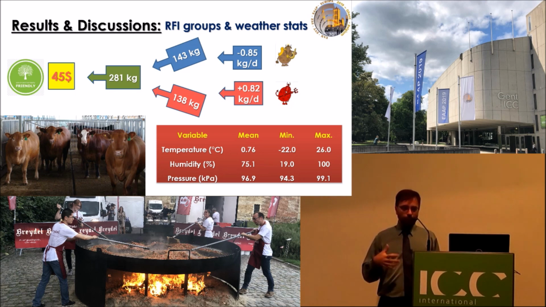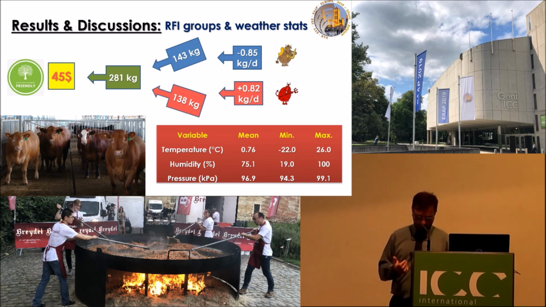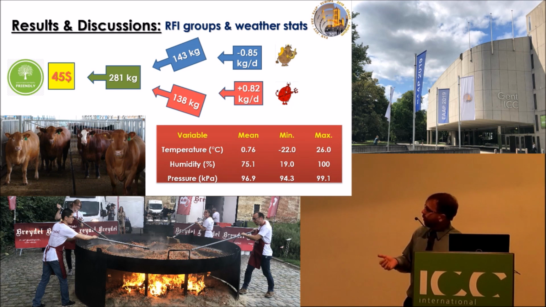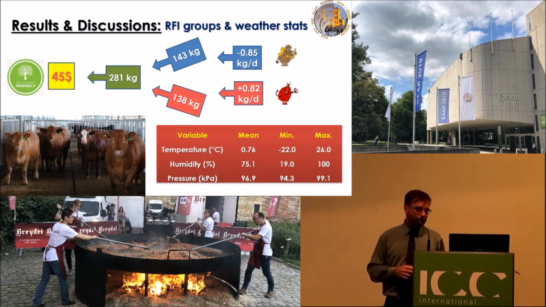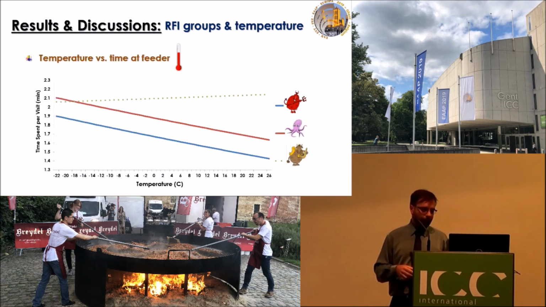So yes, if you can identify the good cows, certainly it can help a lot the economical and the environmental sustainability of the production. And for the variables, I just want to highlight to you that these animals are exposed to a range of about 40 degrees temperature, from -22 to +26. So it is a big range that they had to handle back in Canada.